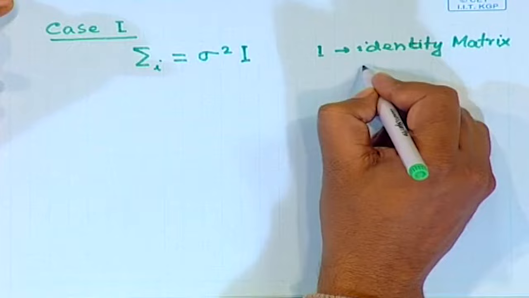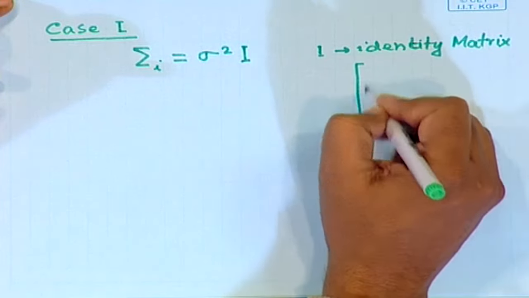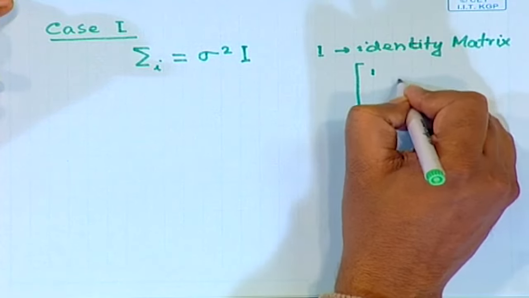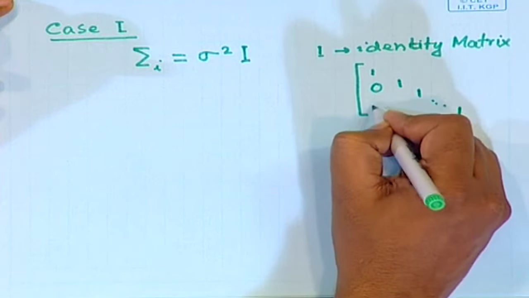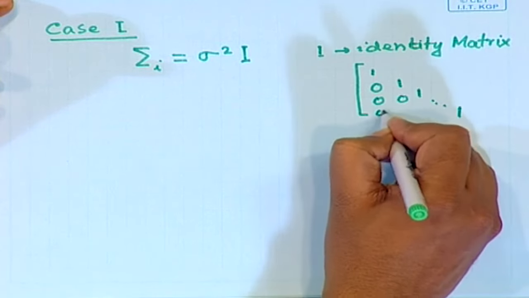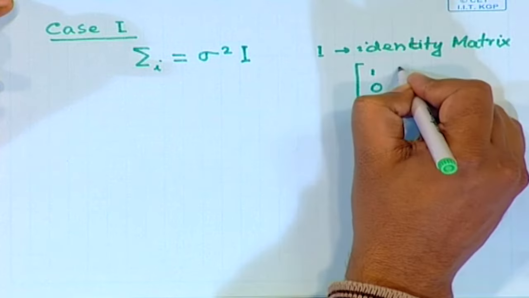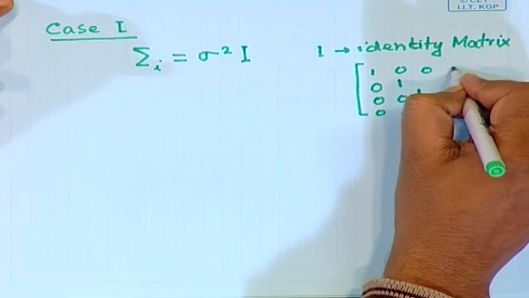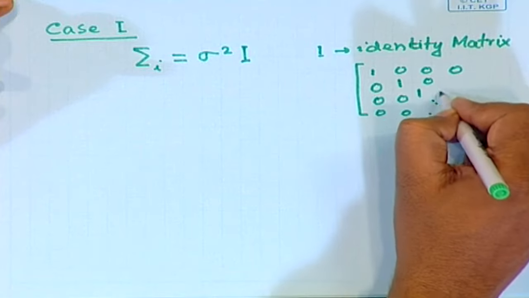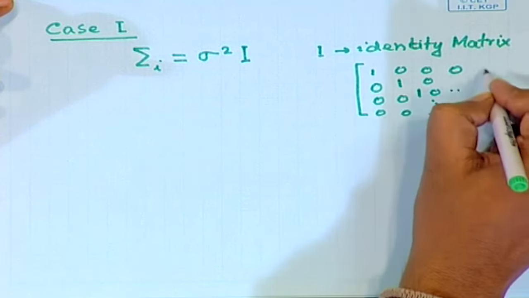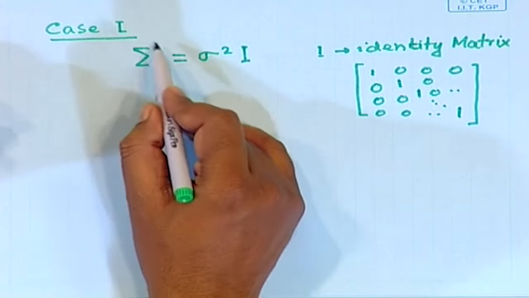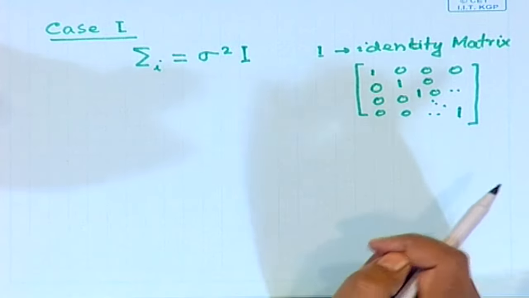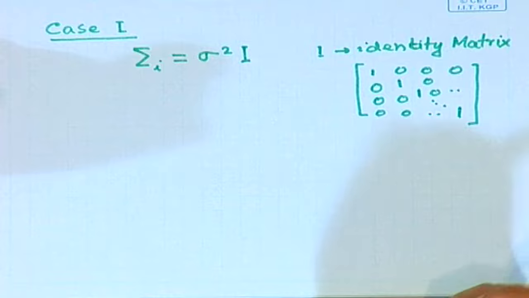That is, it is a diagonal matrix where only the diagonal elements are ones and the rest of the elements are zeros, and so on. Okay.